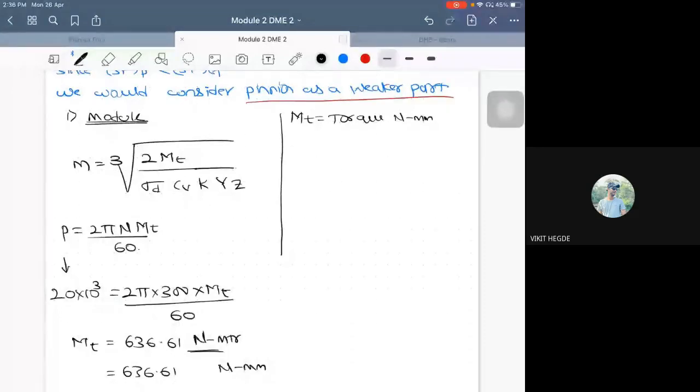So just multiply it by 10 to the power of 3 to convert into Newton mm. So I have the value of MT now, isn't it? I would just take this value and write here 636.61 cross 10 to the power of 3 in the desired unit which is being asked, the Newton mm.